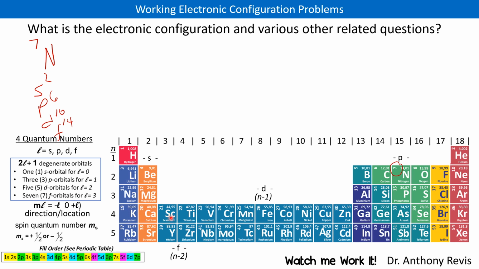And then we take a little bit of a pause here when we get to the D, because the D is n minus 1. So this is going to be 3D, not 4D, but 3D because it's n minus 1. So we have 1, 2, 3, 4, 5, 6, 7, 8, 9, 10. So that would be a 3d10. And then we'll pick right back up on the P side at 4p, 1, 2, 3, 4, 5, 6.